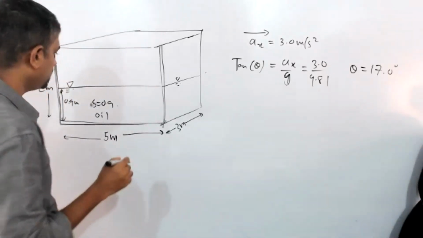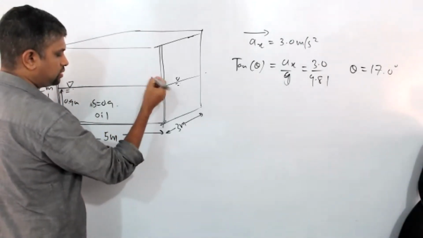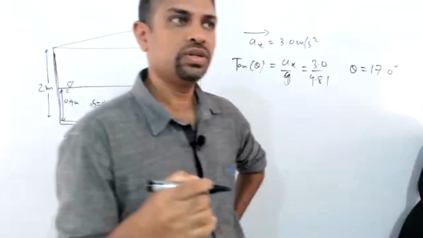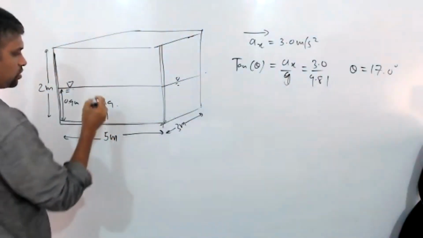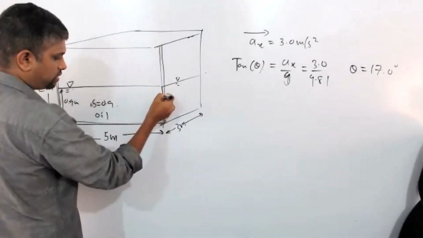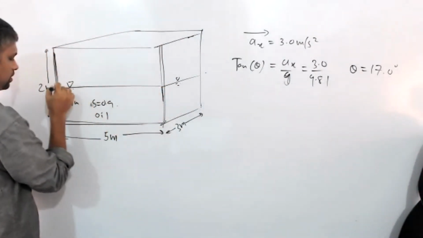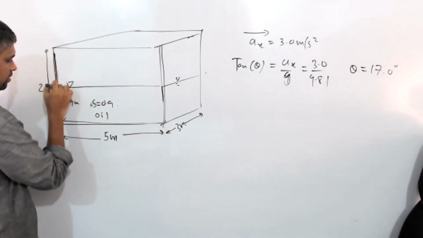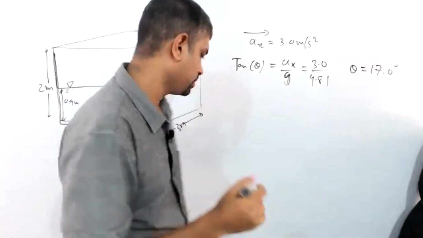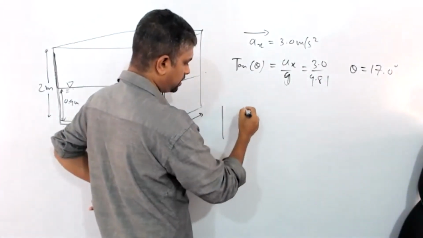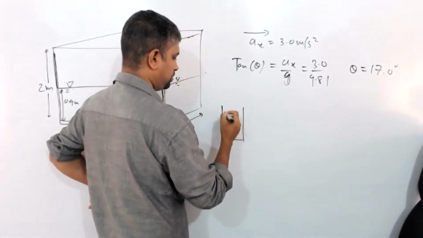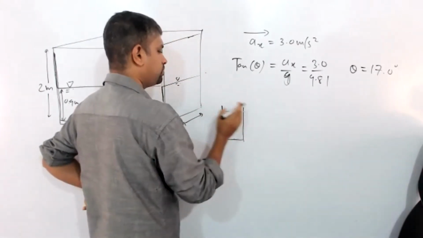Normally when the surface is going to incline, initially horizontal, the surface at one end will go downward and at the other end it will go upward. Let's say the container is filled very close to the top.